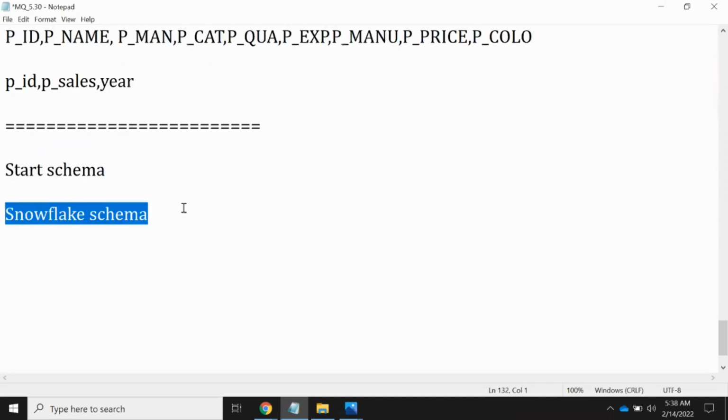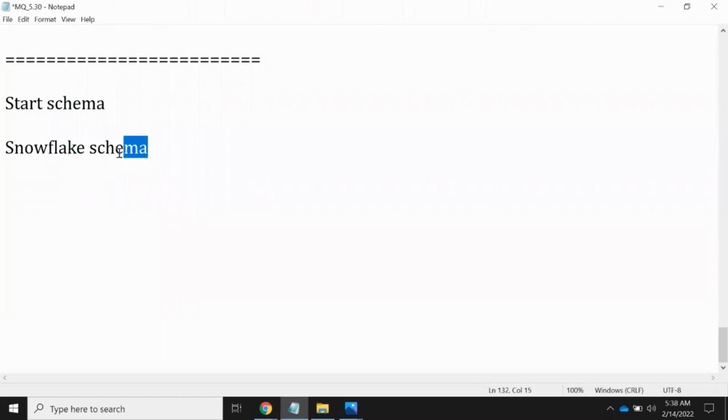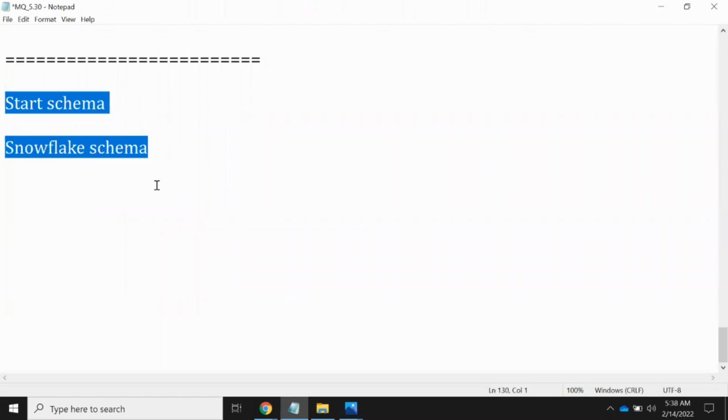We also have hybrid schemas and multi-dimension schemas, but mostly in any project we use the star schema or Snowflake schema.